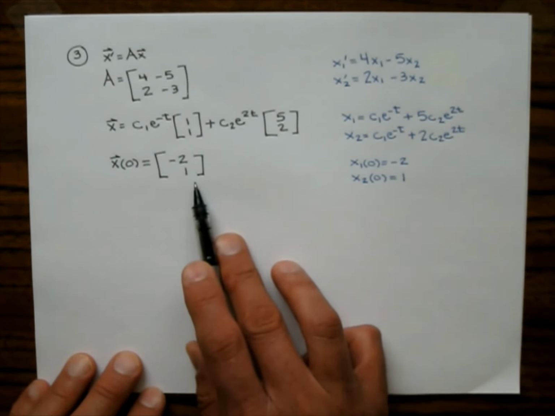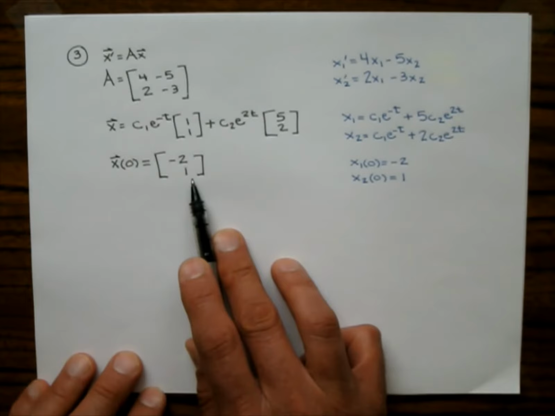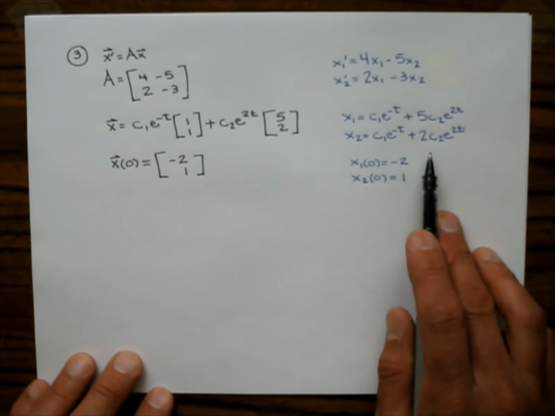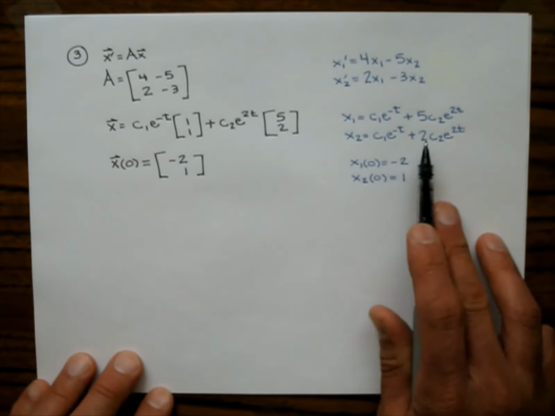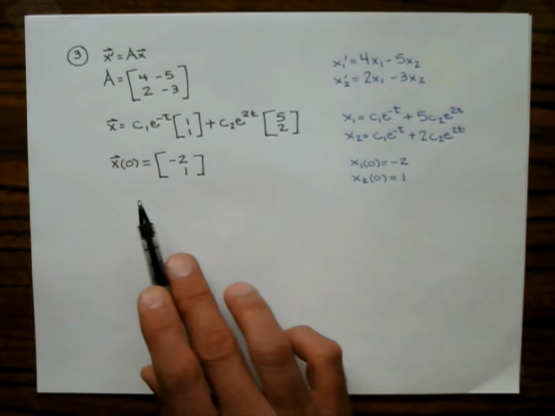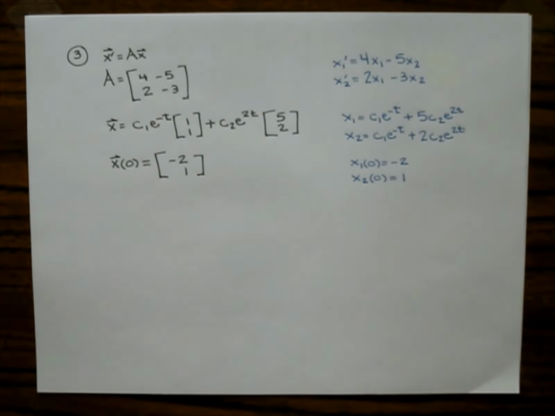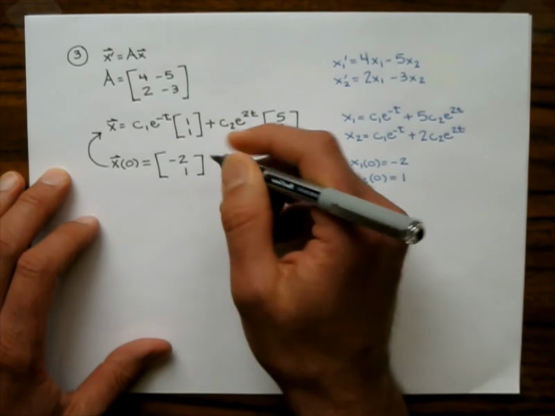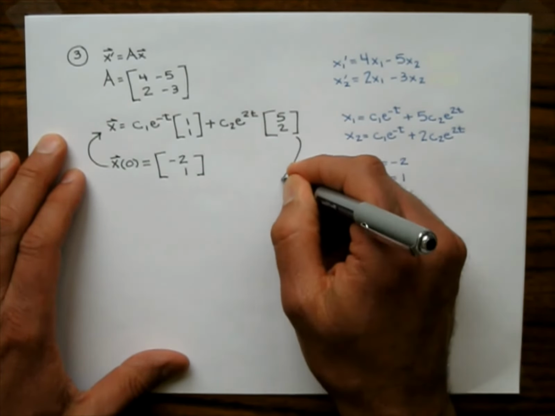You can see, hopefully, that those are the same thing. So you can actually use this blue part and find out what C1 and C2 equal. Let's see if we can do this. I'm going to plug this right into there and see what happens.